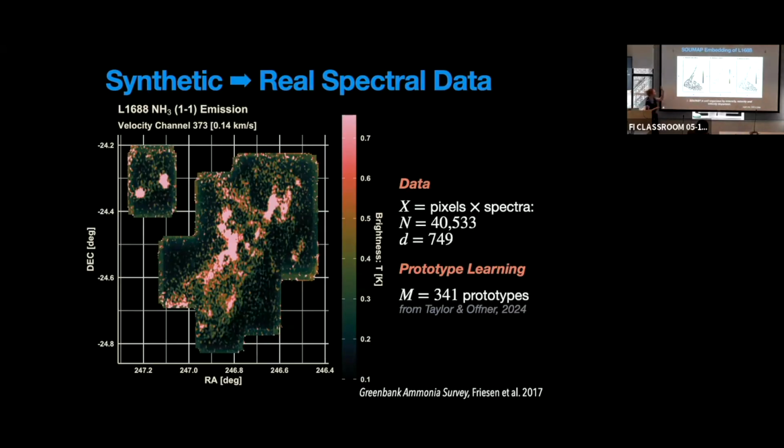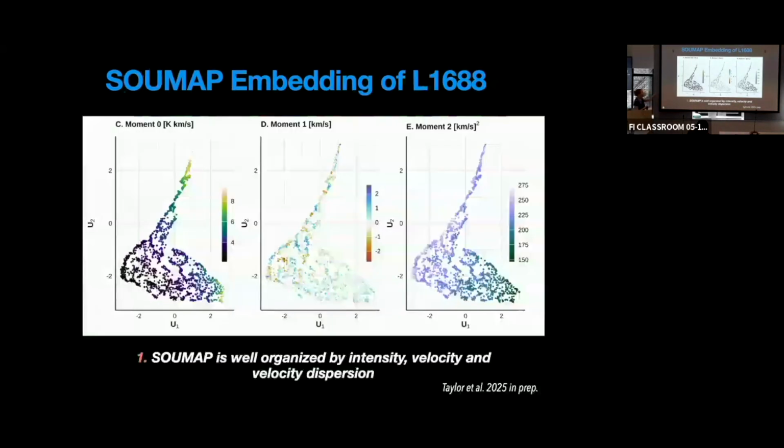Okay, so here is the embedded two-dimensional representation, again using this UMAP SOM framework. What we've done here is we've projected the spectral properties that characterize these prototypes on it. So this is moment 0, or the intensity, moment 1, bulk velocity of those spectra, moment 2, velocity dispersion.